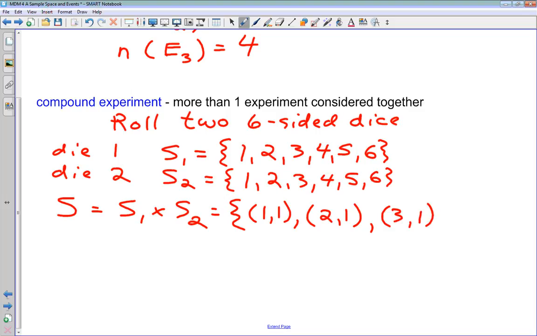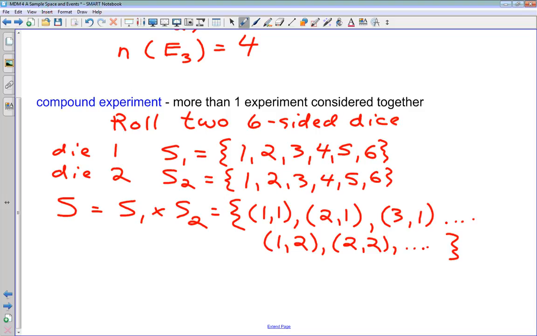So we're listing the possibilities of things that'll turn up on both the first die and the second die. And so on and so on. And then we could have 1 comma 2, 2 comma 2, so on and so on. Okay? So you sort of see the pattern there. We're not going to list out everything here that we have in our sample space.